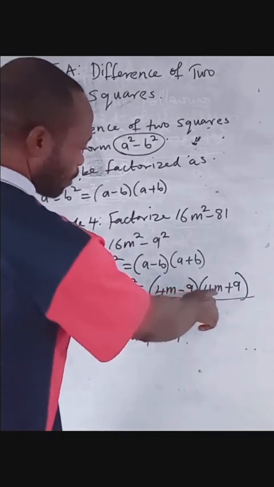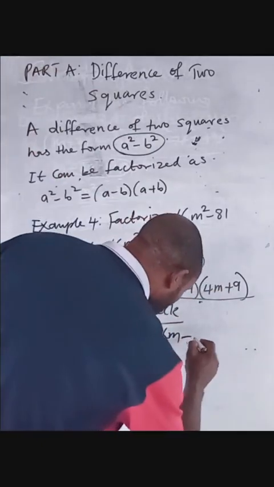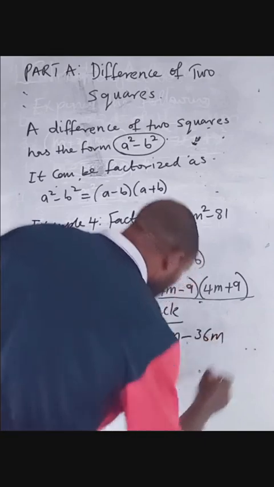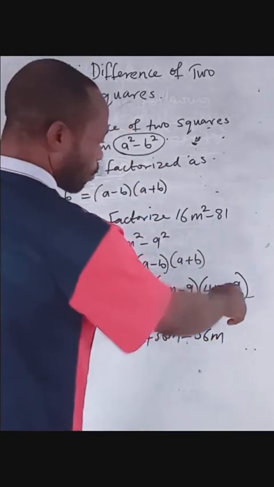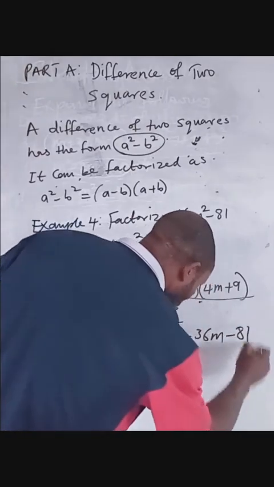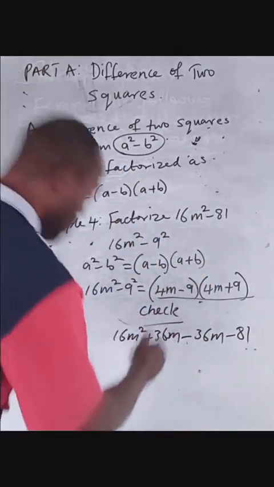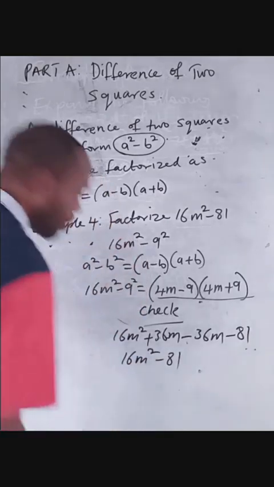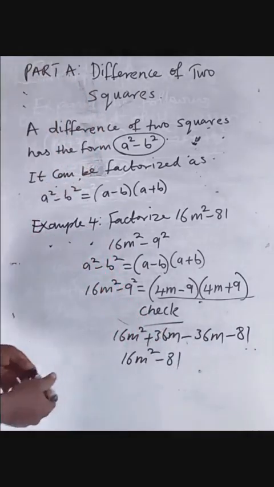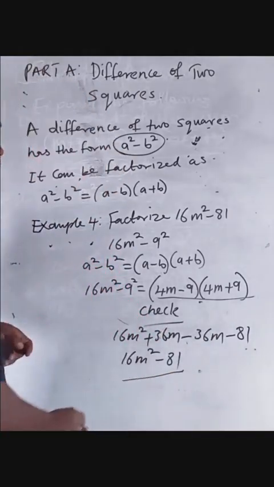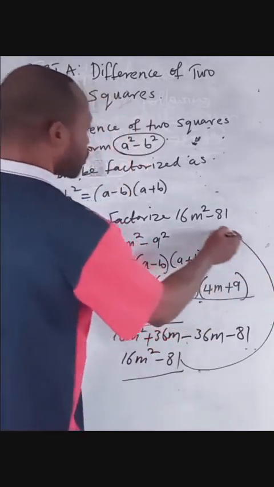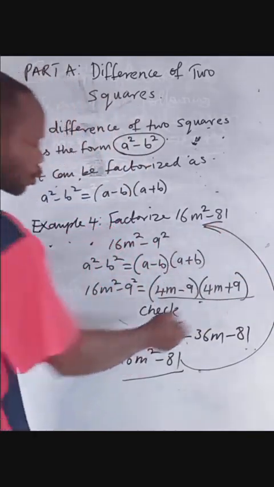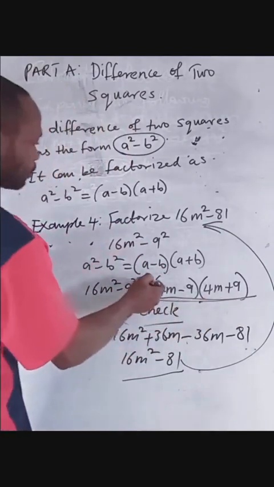Minus 9 multiplied by 4m is minus 36m. Minus 9 multiplied by plus 9 is minus 81. This is the same thing as 16m squared minus 81, because 36m minus 36m is 0. So we still arrive at the original expression, so this solution is correct.